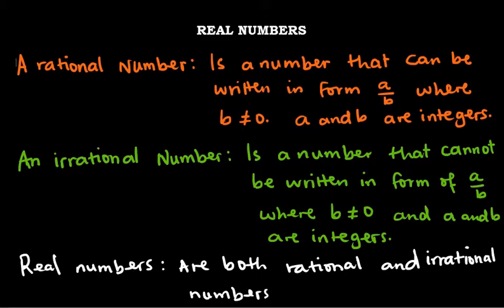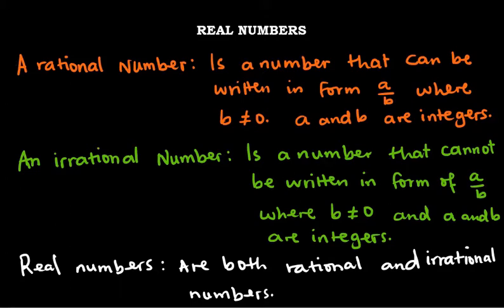So when we talk about real numbers, we are talking about the numbers that we use, the numbers that exist. Any number that you have ever seen, let it be a decimal, let it be a whole number, let it be an integer, let it be a fraction, that number, we call it a real number.